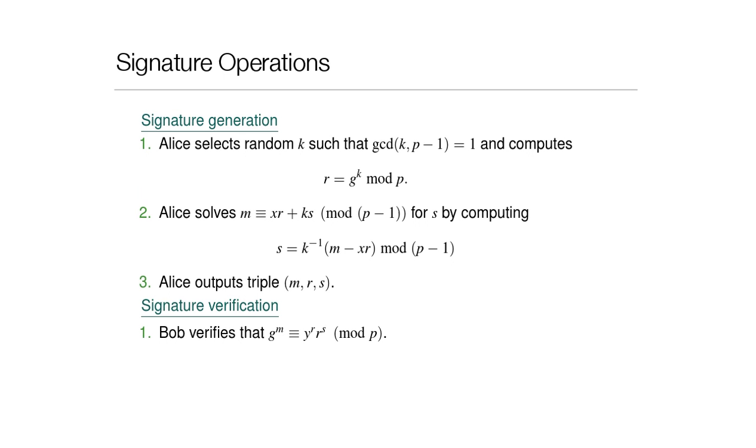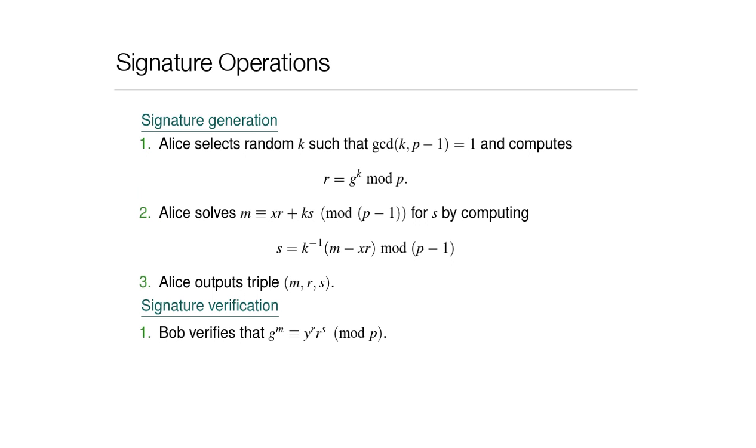So M is the message, S is the signature, and R is a value which is based on the randomly picked K value. The K is used to randomize the algorithm, or make it a probabilistic signature generation.